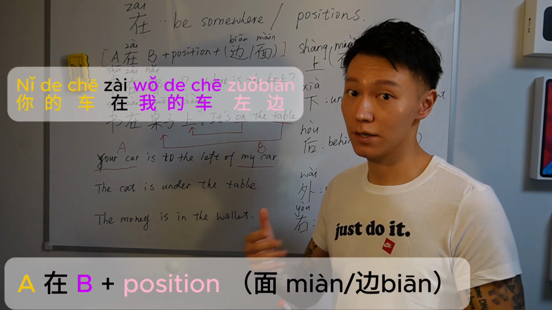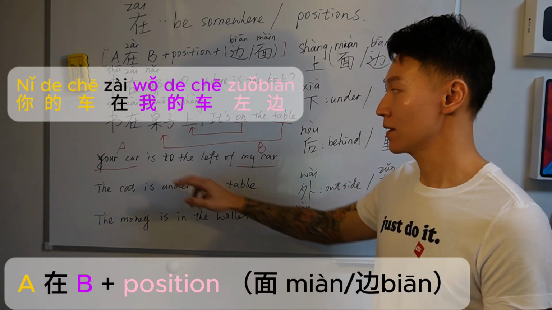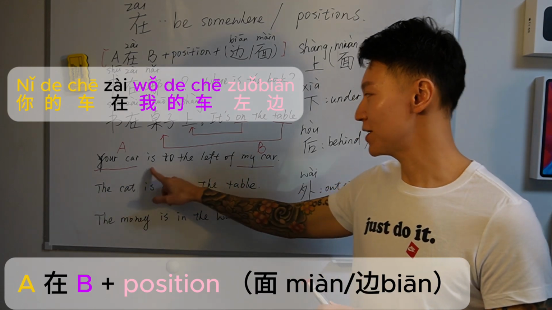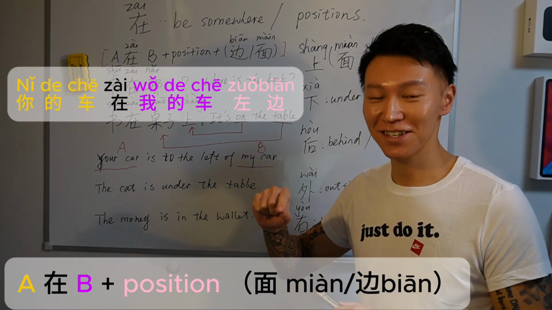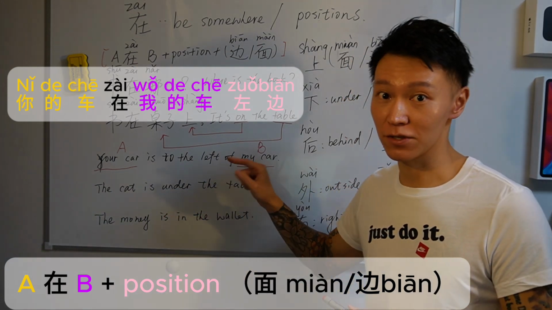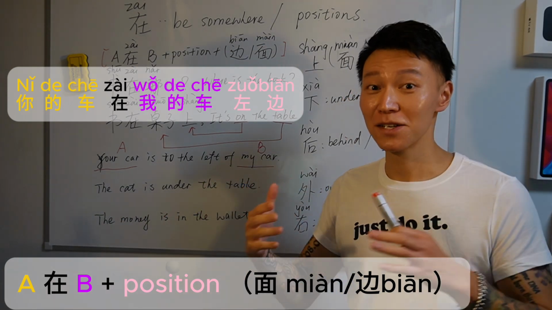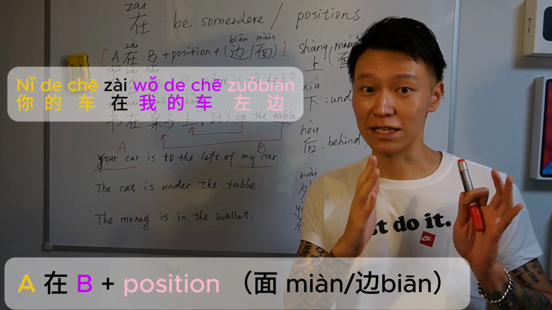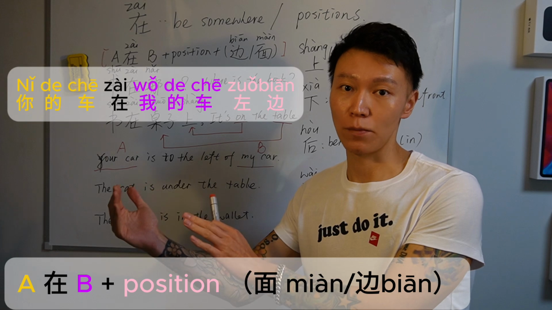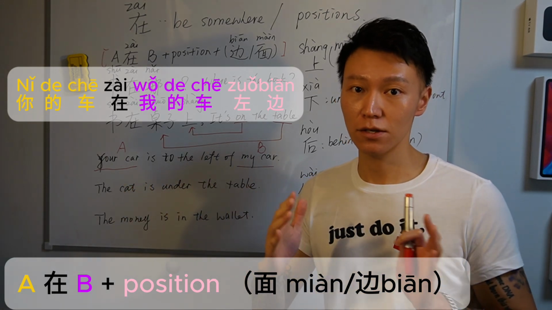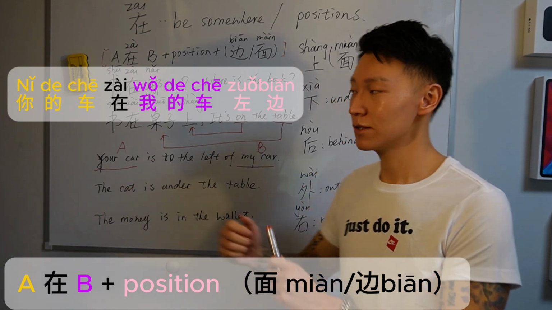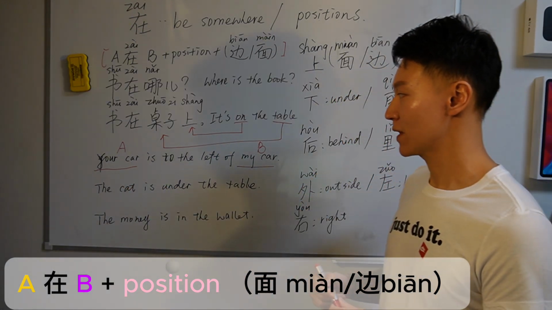So your car, 你的车 is should be 在, right? So your car is my car, 你的车在我的车. And then here we have the position of left, 左边. So the whole sentence should be 你的车在我的车左边. Okay?